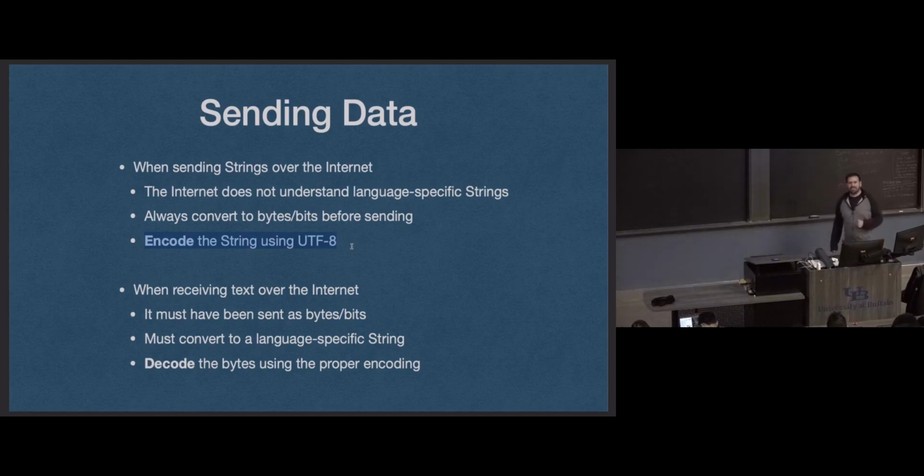When we use our TCP socket libraries, any language that you're using, it's going to be byte arrays. You're going to read an array of bytes, and you're going to send an array of bytes. Or maybe not always an array, but a sequential data structure of bytes received and sent. So that's what we need. If we have a language-specific string, then we need to convert it into a sequence of bytes and then send that over our TCP socket.